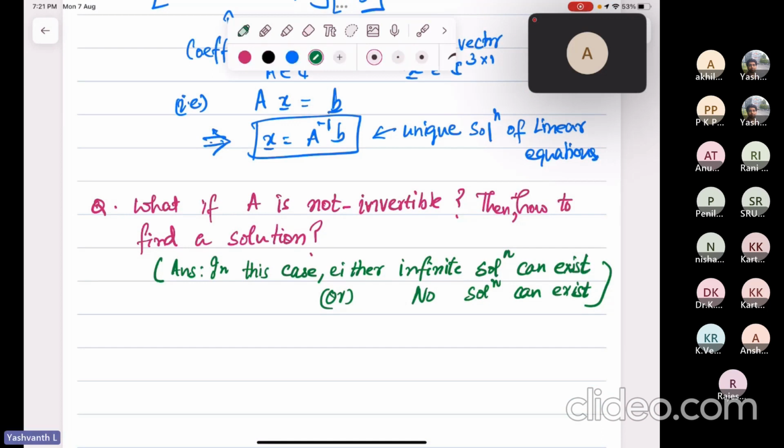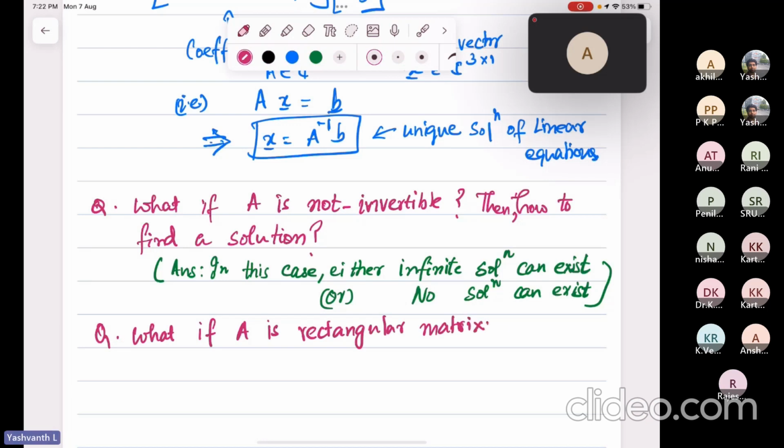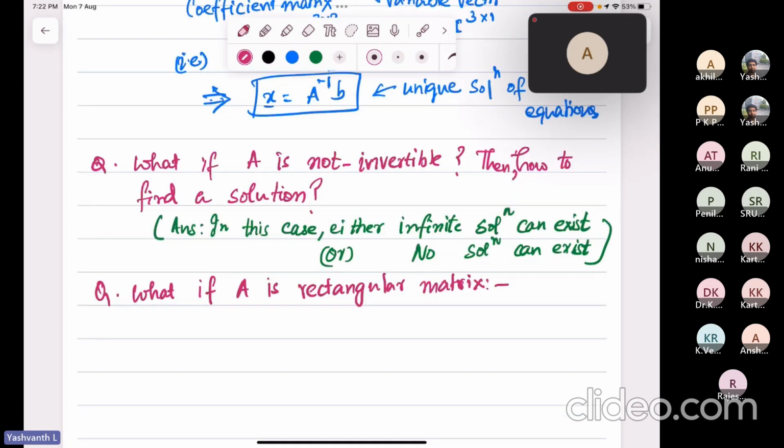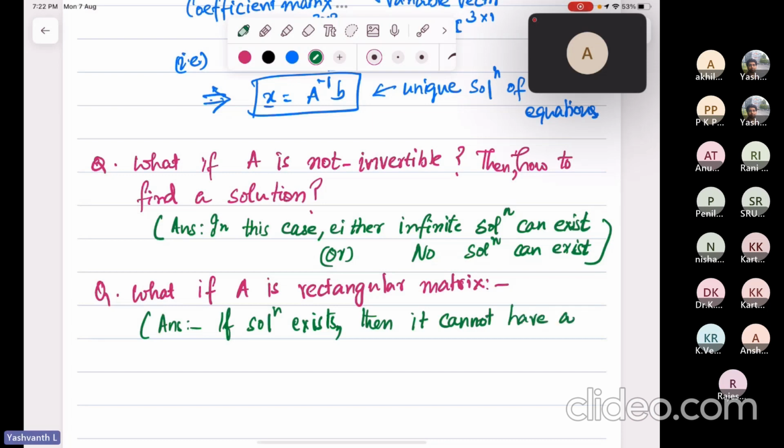The other related question is, what if A is a rectangular matrix? I think one of you had asked this, how to find the inverse, because for a rectangular matrix, the inverse is not defined. The answer is that if A is a rectangular matrix and a solution exists, then it cannot have a unique solution.